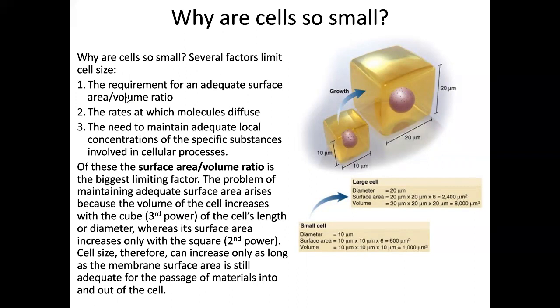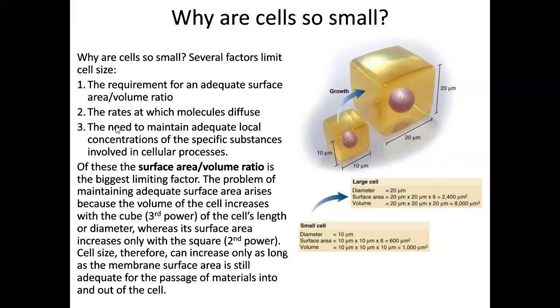Having an adequate surface area to volume ratio is going to affect the rate at which molecules diffuse. Diffuse means for stuff to come in and out of the cell. And then number 3, the need to maintain adequate local concentrations of specific substances involved with cellular processes. So like in our last lecture, we were just talking about oxygen being used to make ATP aerobically. Well, for oxygen to go into mitochondria, those molecules have to first come into cells.